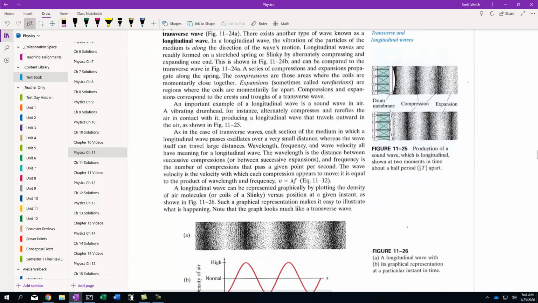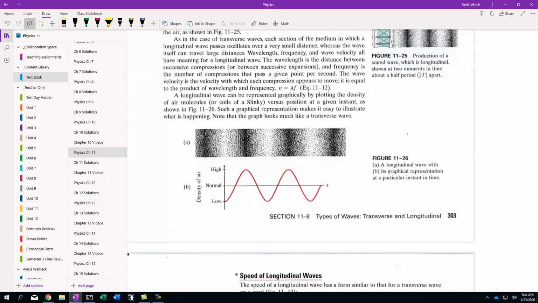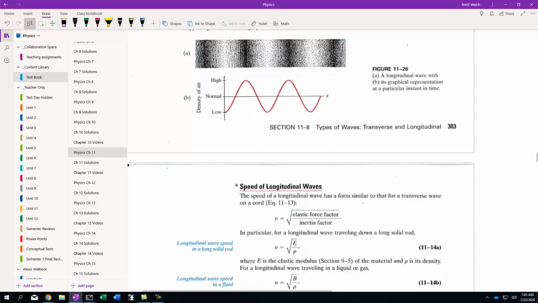When we talk about transverse waves or longitudinal waves, see there's our image of our compression matching a sinusoidal wave. When it comes to finding the speed at which, say, sound travels through a material, because sound is a compression wave, which makes it longitudinal, these longitudinal waves depend on what material they're passing through.